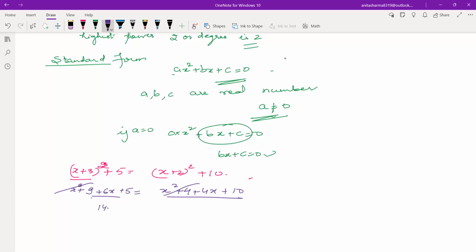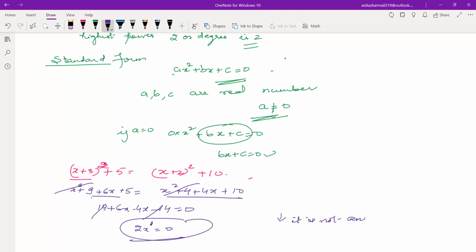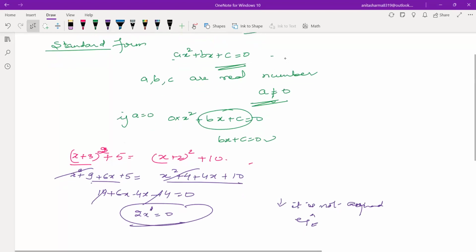You will write 14 plus 6x minus 4x minus 14. So 14 cancels, then 2x will be equal to 0. Now its highest power is 1. Therefore it is not a quadratic equation. Clear, beta? So first exercise is this.